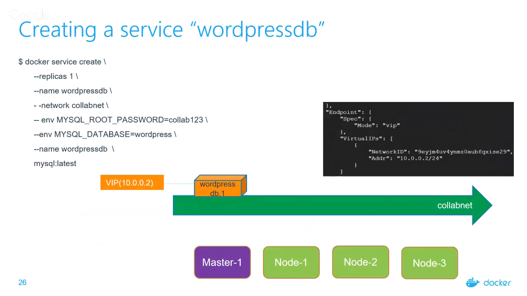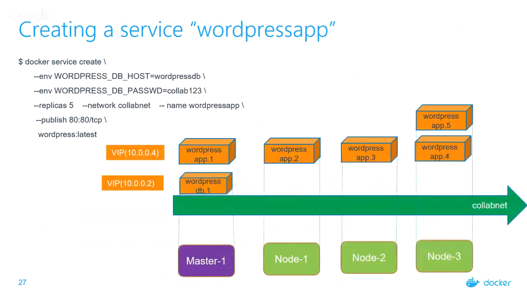As seen in the diagram, the green arrow indicates the collabnet network, and on top of that you have the WordPress database application running. As I said, each service gets a VIP address, so here 10.0.2 is the virtual IP which gets assigned.